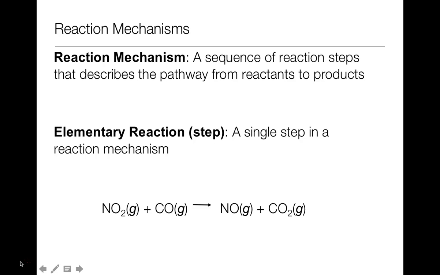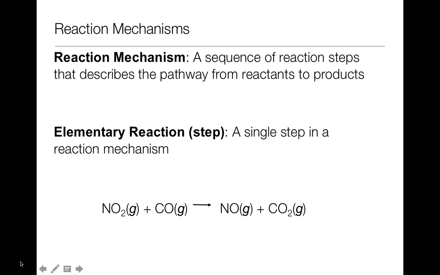What we're going to learn is how to combine everything we just talked about and turn it into a microscopic picture of what is actually happening. We know from the kinetic theory of matter that it's not magic when two molecules get close to each other that they react. We learned on Monday that the molecules that need to react need to come together in such a way that the reactants form a product, right?